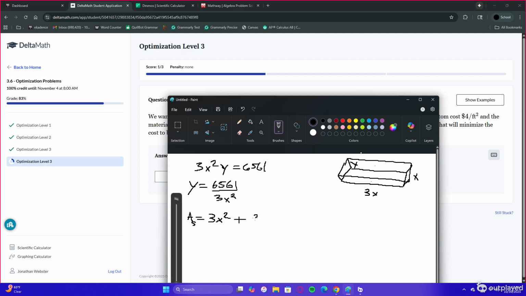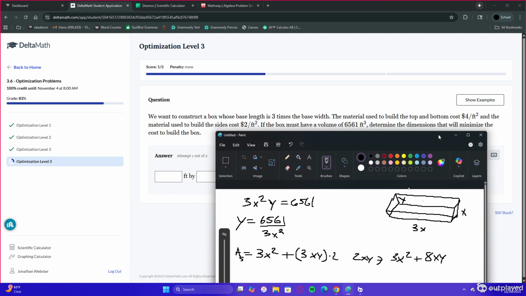So 3xy times 2, and then x times y twice, so 2xy. In total, you'd have 6xy here, 2xy here, so 3x squared plus 8xy.